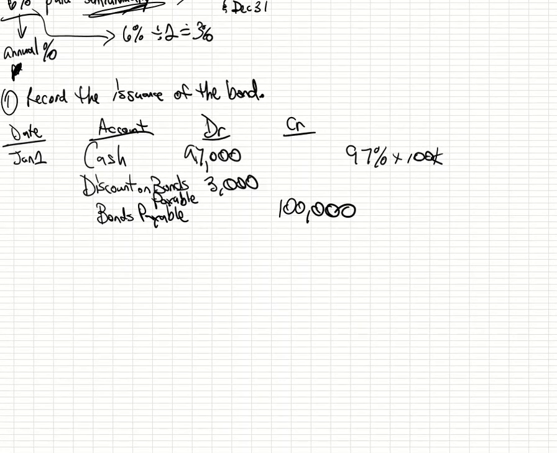Okay, this discount on bonds payable is a contra liability account, which is directly connected to the main account, which is bonds payable.